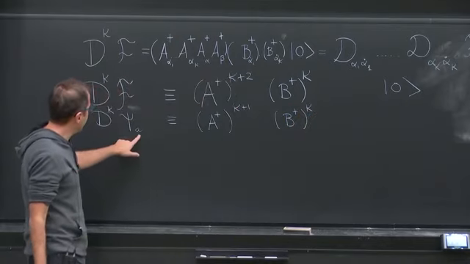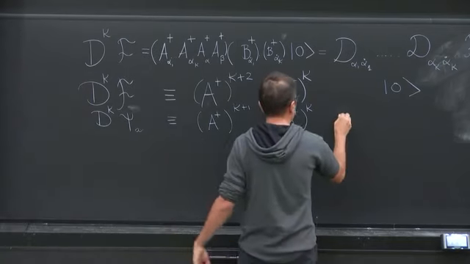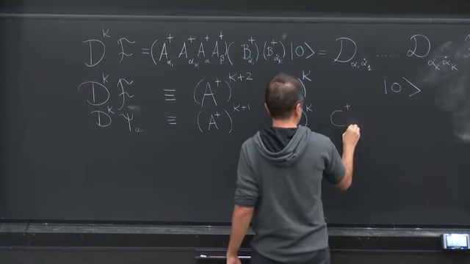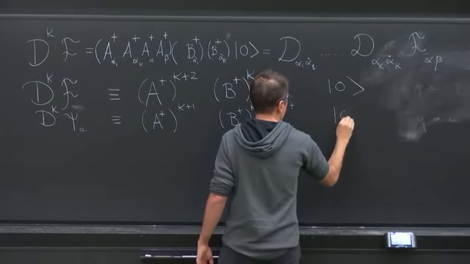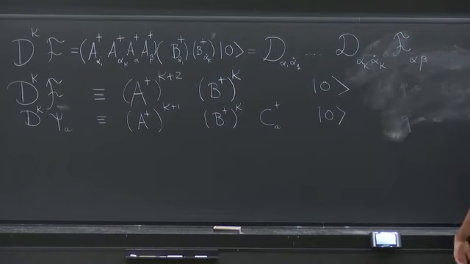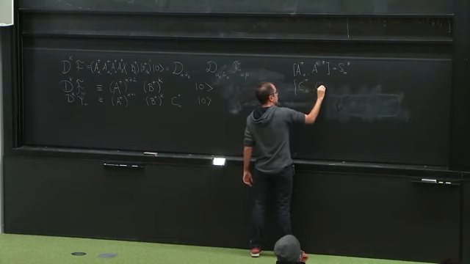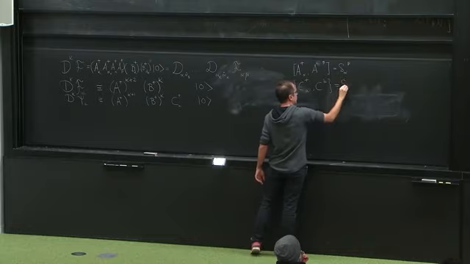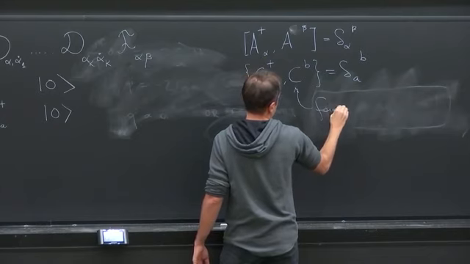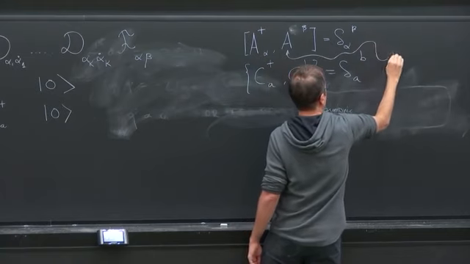But now I need to create an SU(4) index. So I create an SU(4) index by putting this c dagger A here, acting on the vacuum, where this c will be a fermionic creation operator that obeys these relations with an anticommutator that is delta AB. So these guys are fermionic, and these ones are bosonic.